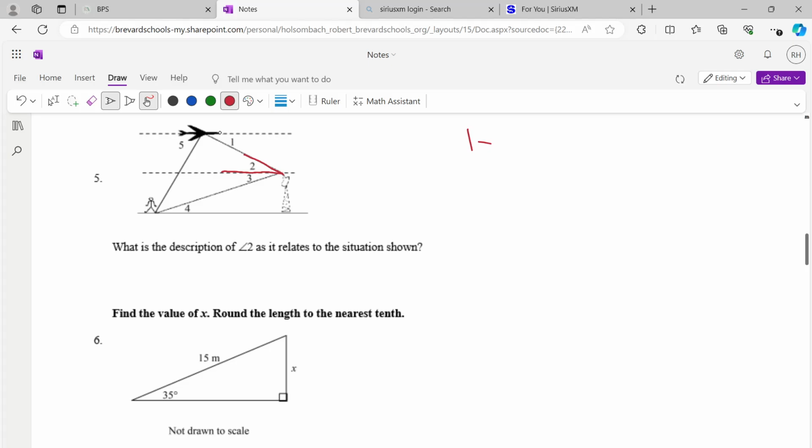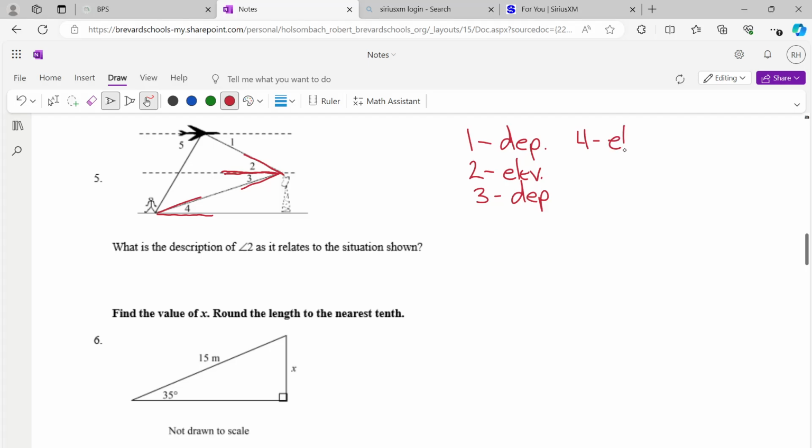Angle 1 is a horizontal looking down. That's depression. Angle 2 has a horizontal looking up. So that's elevation. Angle 3, same horizontal but looking down. That's depression. Angle 4 is formed by a horizontal and a line going up.